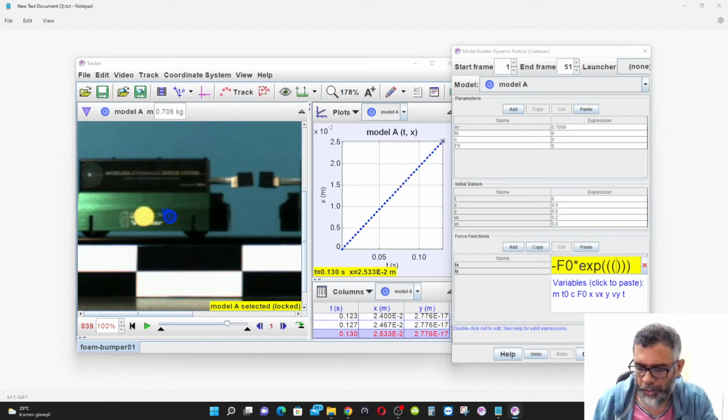Because I'm just going to type t minus t0 over here, and after closing the parenthesis, divide this by c, and then take the square of everything. Square is just this, and put the minus sign in front of it.